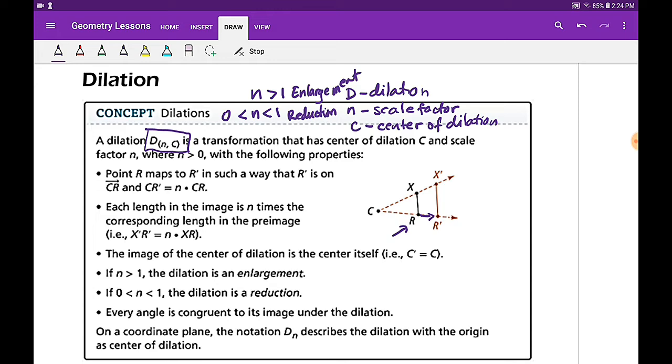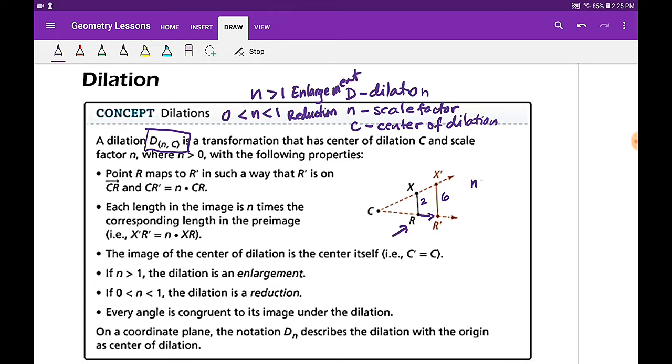Now, let's proceed. Each length in the image is n times the corresponding length in the pre-image. So here, for example, the pre-image or the original is, let's say, 2, and this is, let's say, 6. The image of line segment XR, which is X prime R prime, in such a way that XR is 2, X prime R prime is equal to 6.